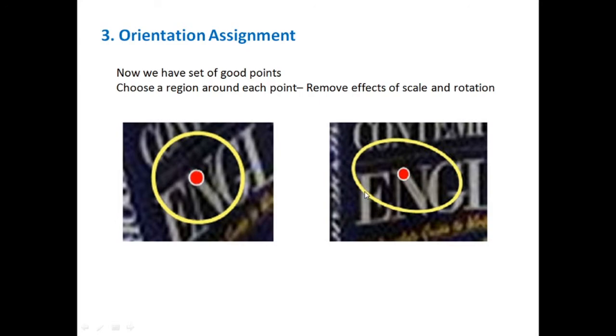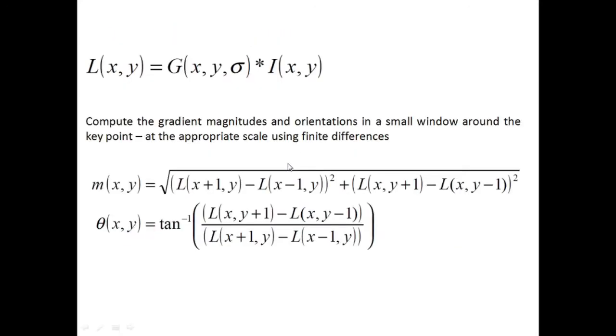So the scale and rotation are not considered, the effects one can get from them are ignored. Our ultimate aim is to find the orientation for each and every key point.